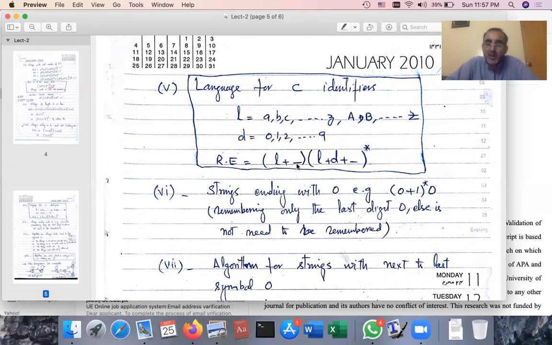What I am allowing here in the beginning is lowercase letters or capital letters or the underscore in the beginning of the variable name. Into the concatenation is L plus D plus underscore.